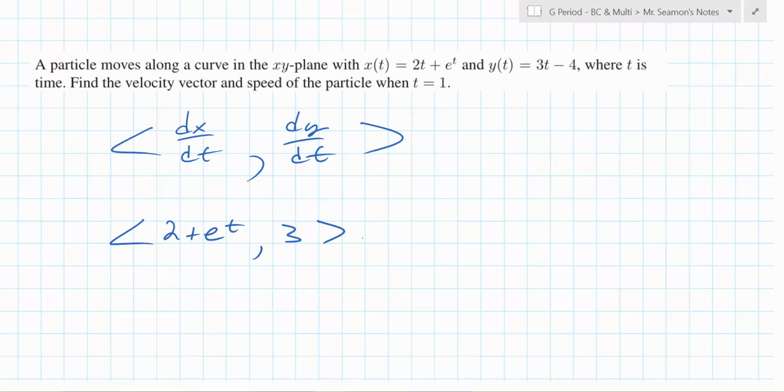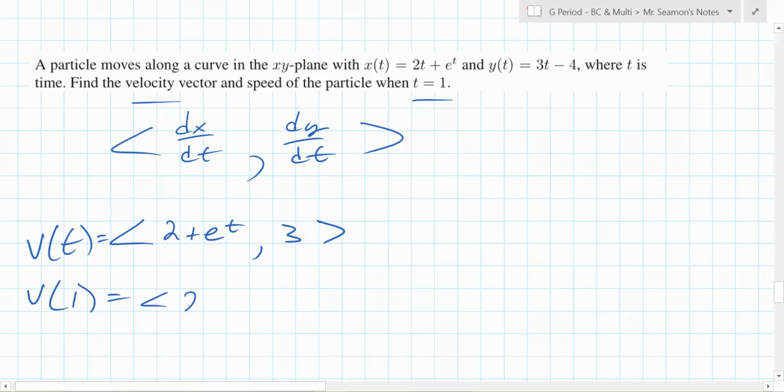Okay, so that right there is the velocity. How do you find the speed? So this is the velocity, right? What I would like you to do is square it and then plug t in, or you could plug t in and square it. You can do either way you want. Does it say velocity when t equals 1? So v of 1 is going to be 2 plus e, comma, 3.